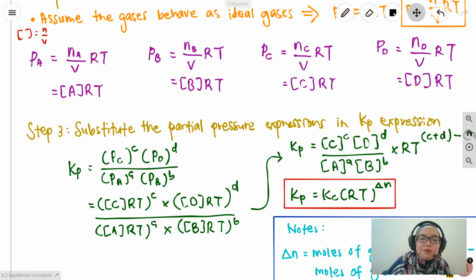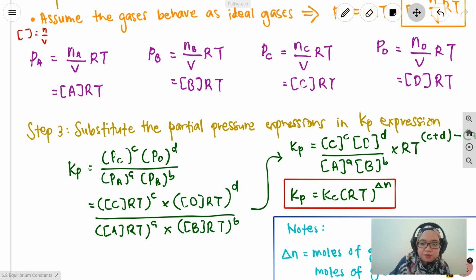Okay. So we put all the expressions in there. So now the partial pressure of C is equal to concentration of C times RT to the power of small letter c, times concentration of D times RT to the power of small letter d, over concentration of A times RT to the power of small letter a, times concentration of B times RT to the power of small letter b.